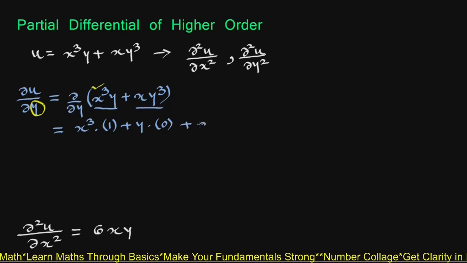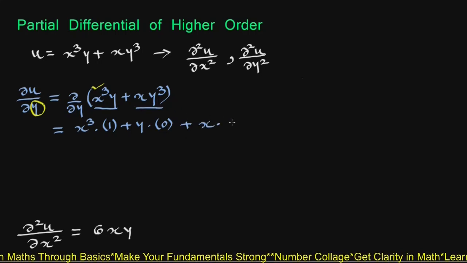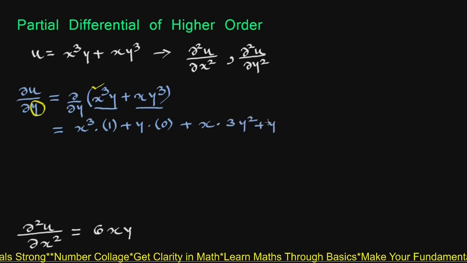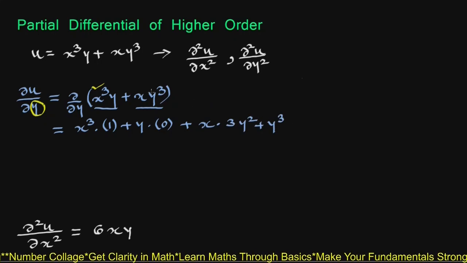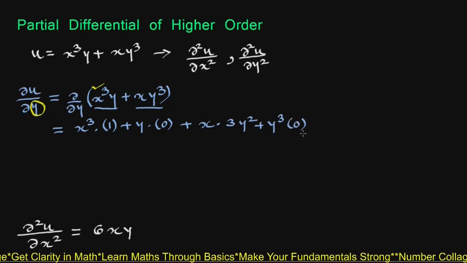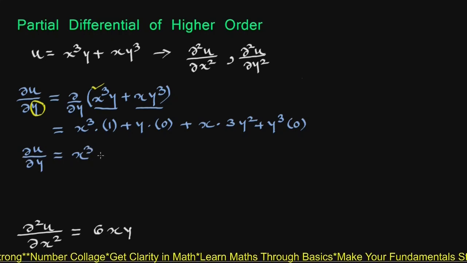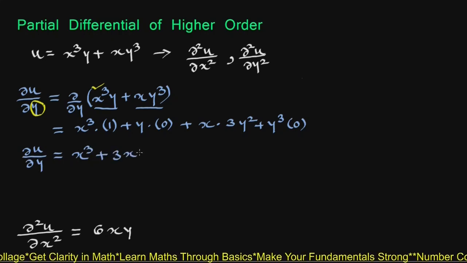So again using product rule, x into ∂/∂y of y cube will be 3y square plus y cube into ∂/∂y of x will be 0 again. So ∂u/∂y will be x cube plus 3xy square.